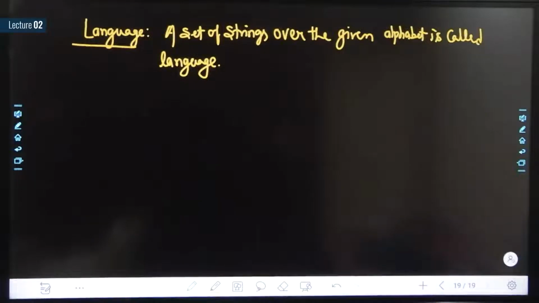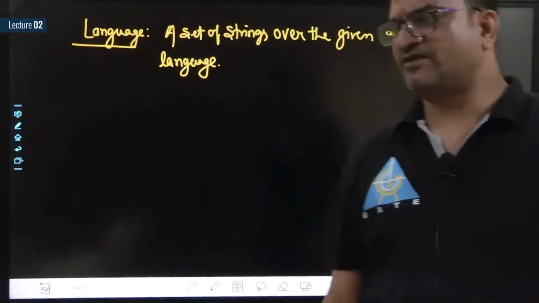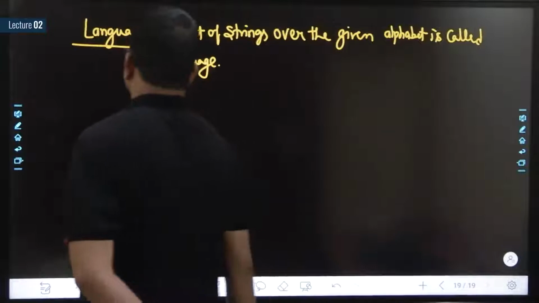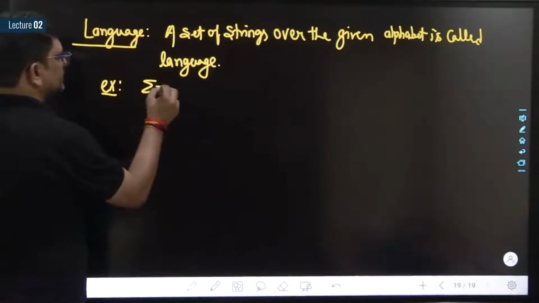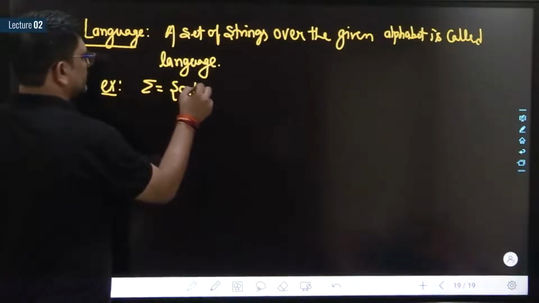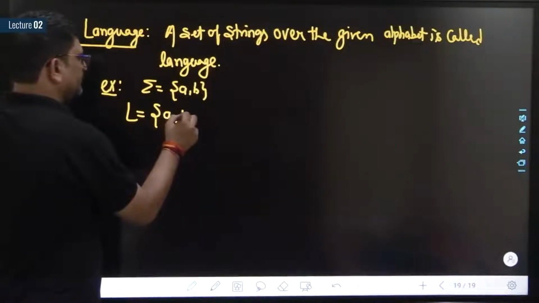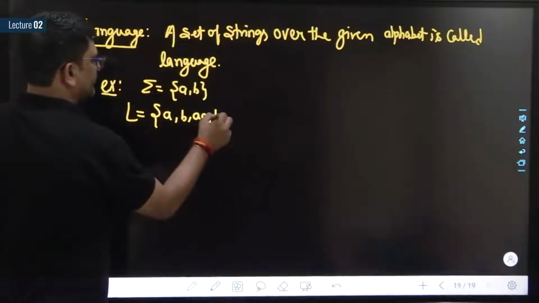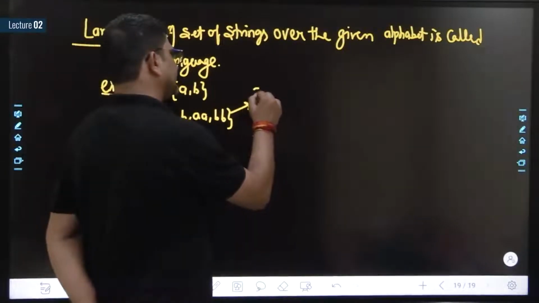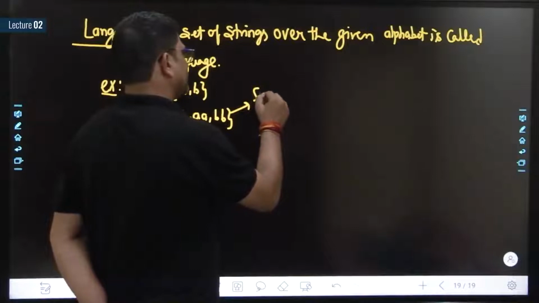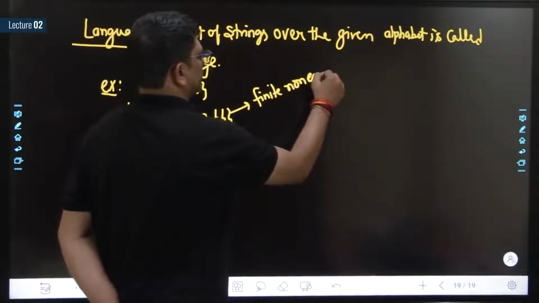For example, language can be finite or infinite, empty or non-empty. For example, sigma is a comma b, language is a, b, aa, bb. This is the language, and this is a finite non-empty language.